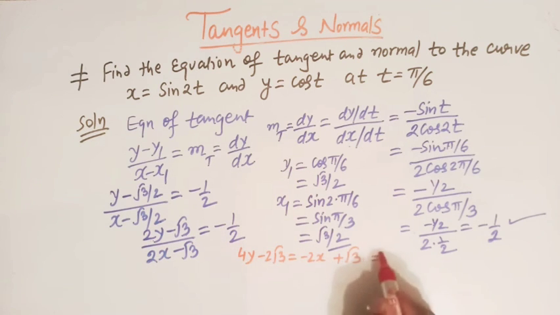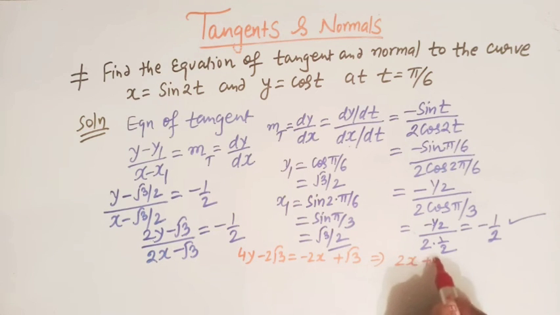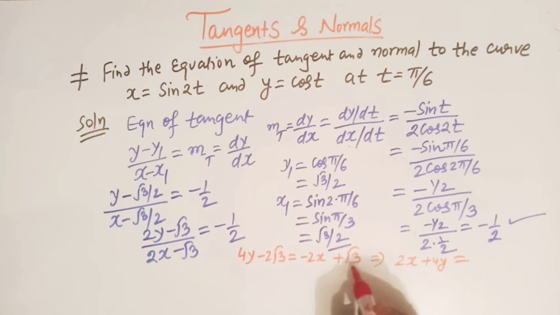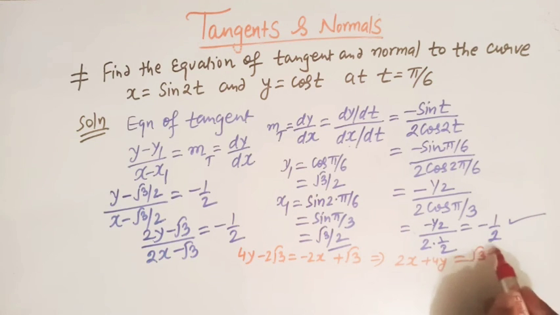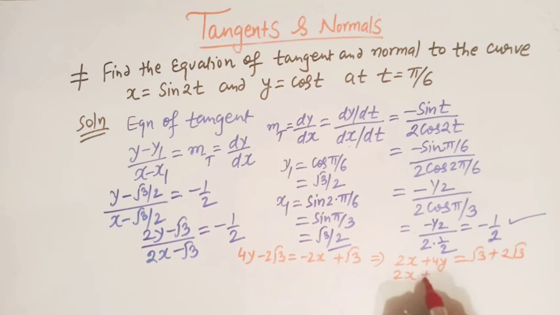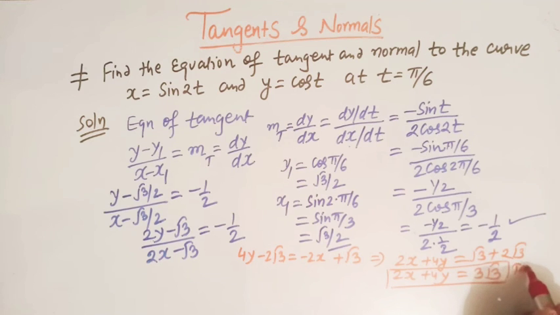Now if we simplify it, we get 2x plus 4y is equal to root 3 plus 2 root 3, that is 2x plus 4y is equal to 3 root 3. So this is the required equation of tangent. Clear?